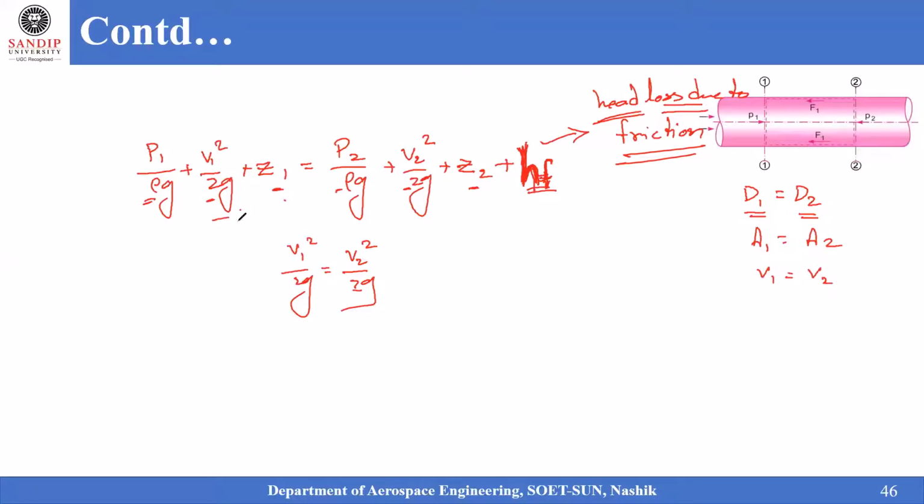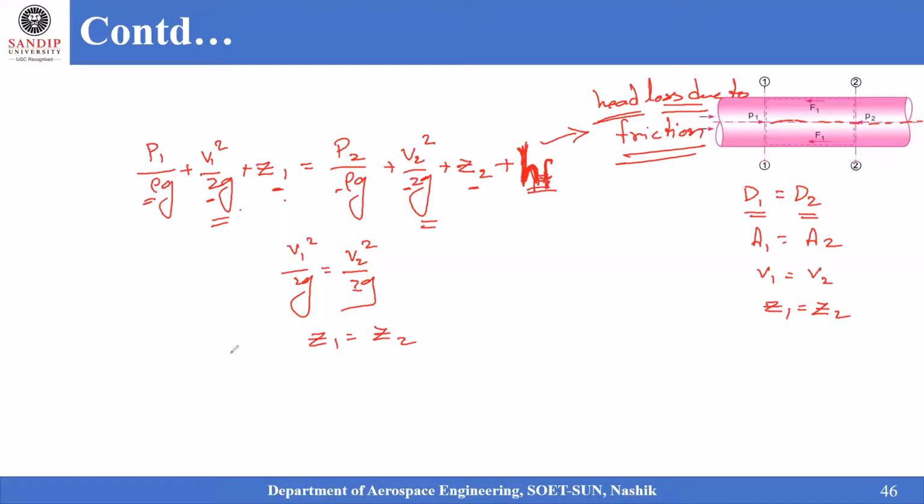So V1 is equal to V2. Now if you notice, along the center line of the pipeline, Z1 is equal to Z2. So that means the datum has no change along this particular pipe flow which we have considered here.